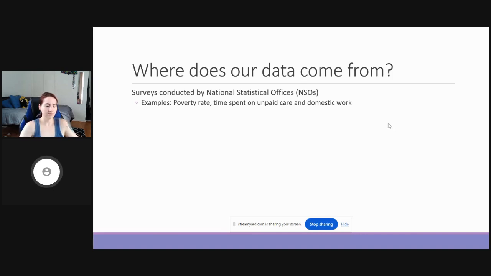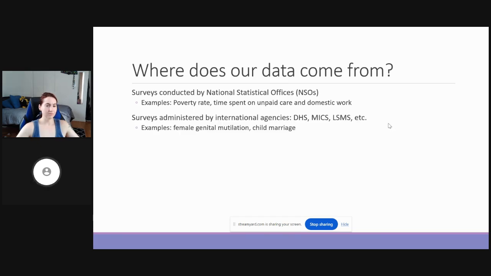And we compile this data and make it available at the country level, because we're the ones who are trying to make sure that they're comparable across countries and robust in terms of their quality and methodology.